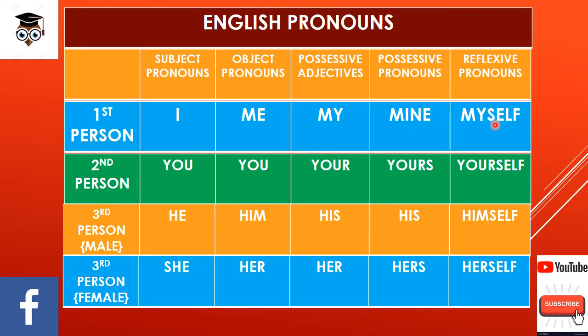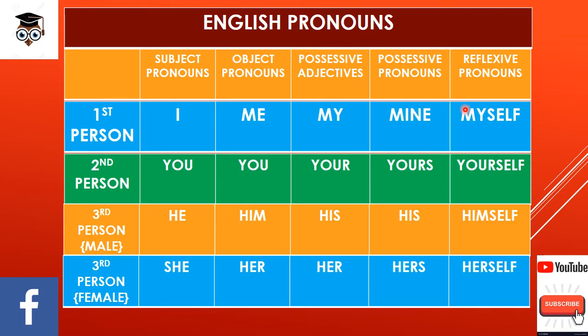Now, in a sentence, you might be knowing there is a subject, a verb plus object. A subject pronoun is the doer, as in I. The object pronoun receives the action, that is me. Possessive adjective is something which you own, that is my. And possessive pronouns, this is something which is completely yours, that is mine.